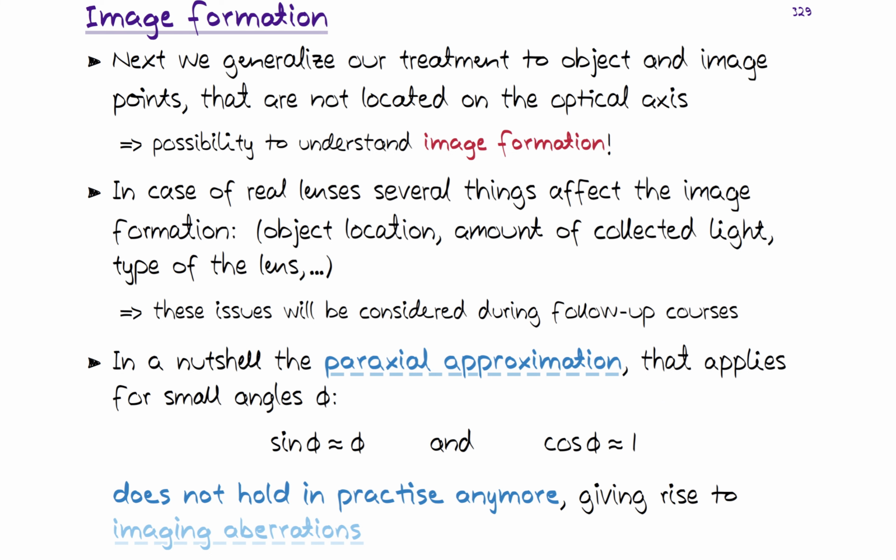So in a way, imaging aberrations and lens aberrations are the second approximation in this description that we are using here. Beyond the paraxial approximation, we actually see the different kinds of aberrations that exist. But there's a lot of math involved because different kinds of imaging aberrations can exist, so let's leave that for the follow-up courses.